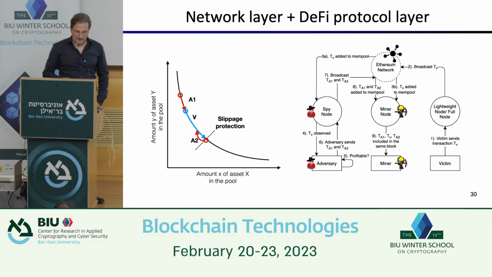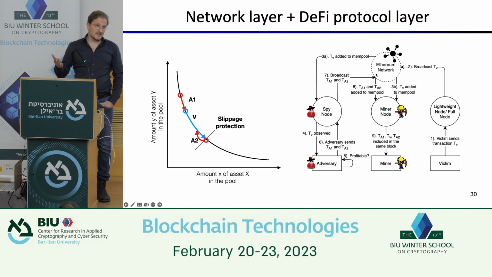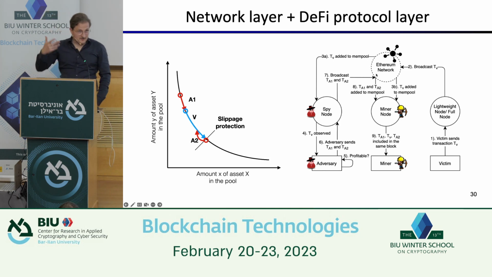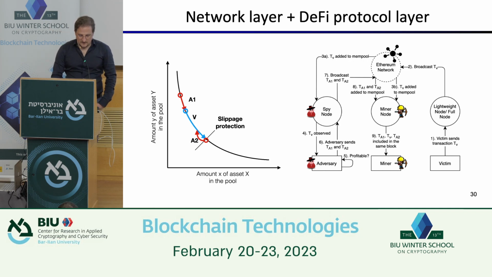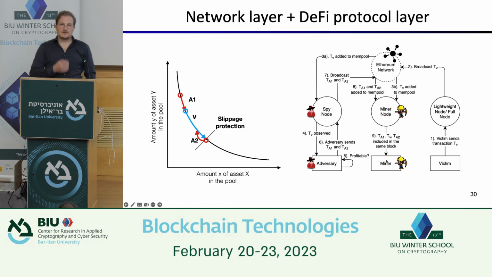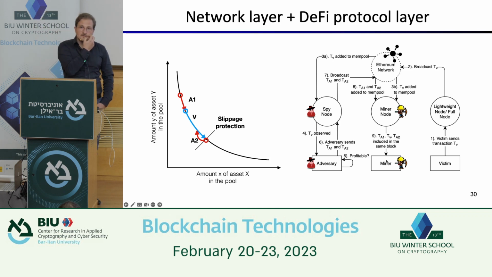Not all of them are profitably sandwichable. So if it is sandwichable, then we will construct this TA1 and TA2, right? So the front running and the back running. And we send it to the spy node. Eventually, the spy node will broadcast it. Because it has a lot of TCP connections in the network, it is well connected. This broadcast process is rather quick. And then hopefully at some point a miner or validator will pick this up and include that in the blockchain.